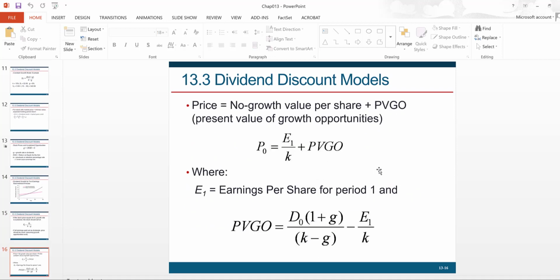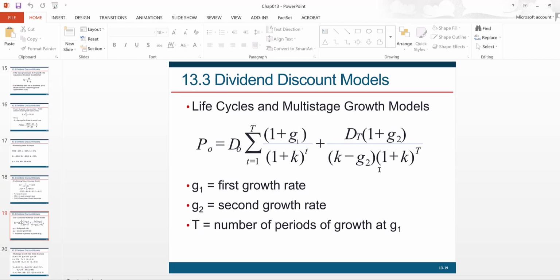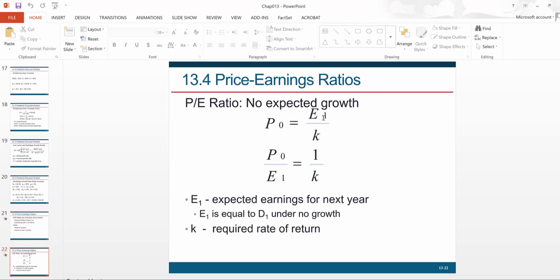So here we are going to write this as E1 over K, because I need earnings in my equation.